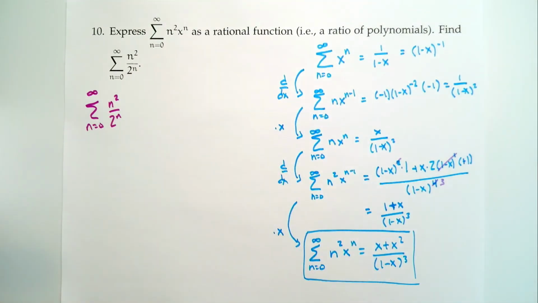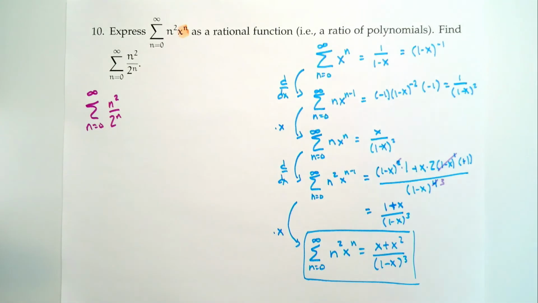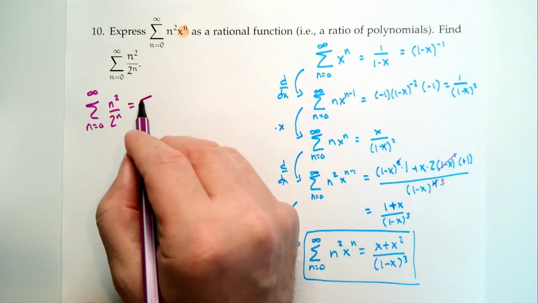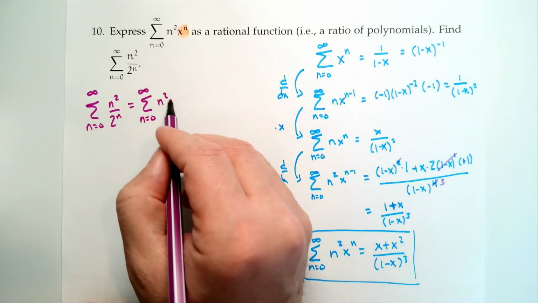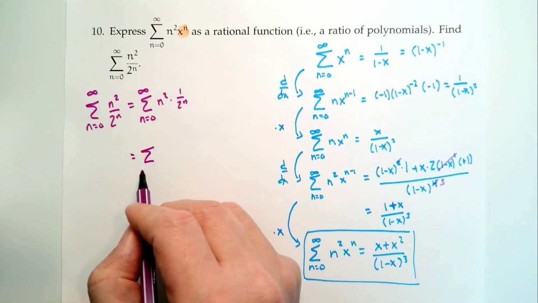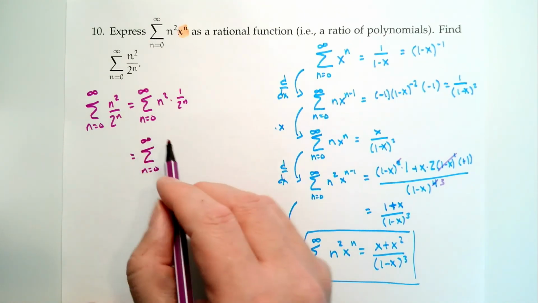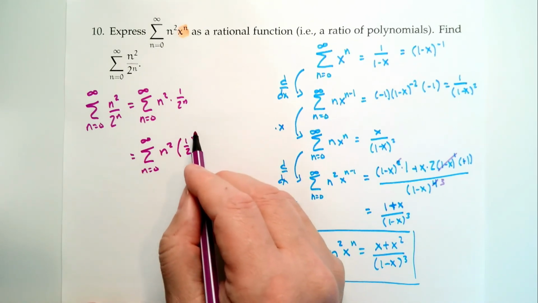Now, the thing to clue off of is to say, hey, x to the n really looks like the part that's being used as the exponential part. So there is an exponential part here. This is the same as the sum n equals 0 to infinity of n squared times 1 over 2 to the n, which is the sum n equals 0 to infinity of n squared times (1/2) to the n.